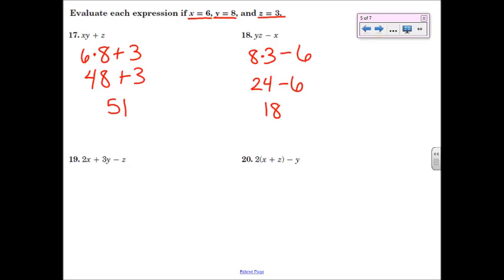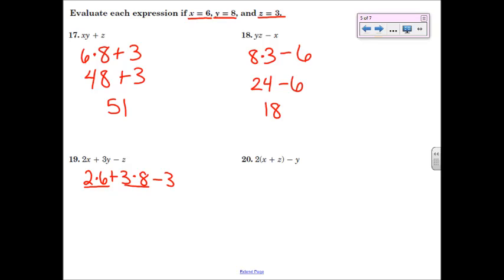Number 19, I have 2 times x plus 3 times y minus z. So 2 times x is 6 plus 3 times y is 8 minus z is 3. I don't have parentheses, I don't have exponents, but I do have 2 sets of multiplication.